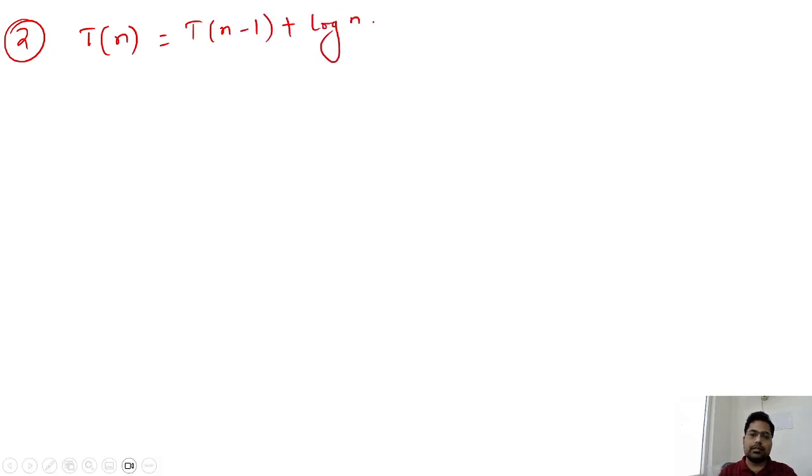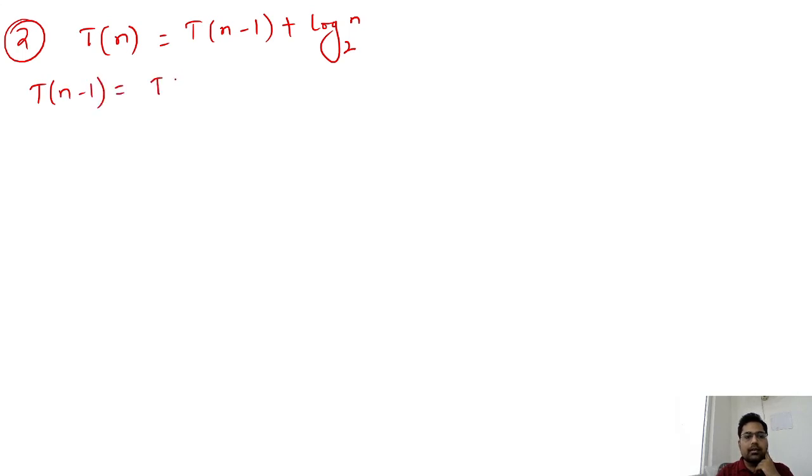Now for another example, a little bit moderate example we are taking: simply I'm writing T(n) = T(n minus 1) plus log n, where base is 2. Then how to solve? Here the unknown term is n minus 1.